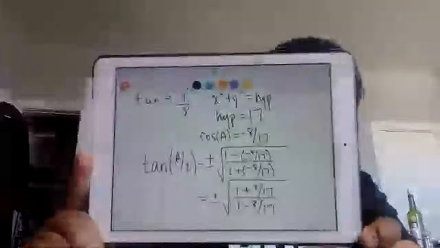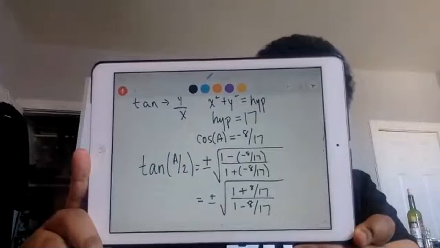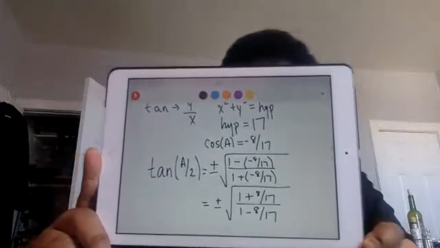So that would be plus or minus the square root of 1 plus 8 over 17 over 1 minus 8 over 17. And then 17 is my LCD in that complex fraction.